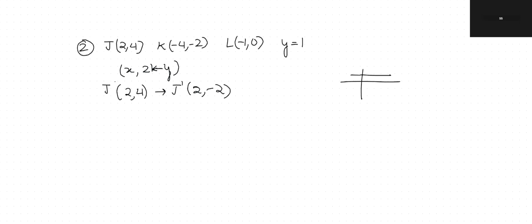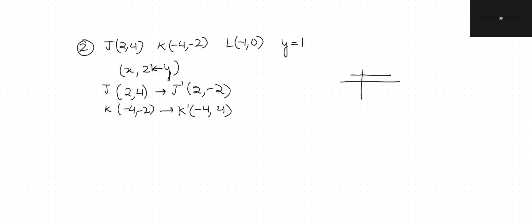And K is -4, -2. So K dash is equal to -4 and 2 minus (-2), so 4.